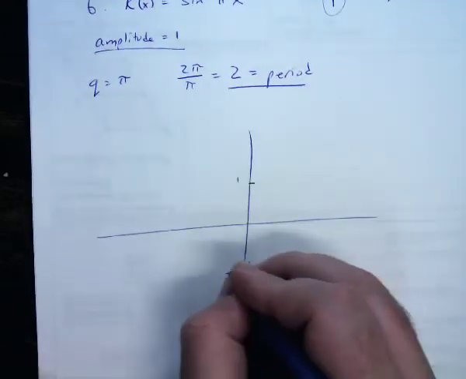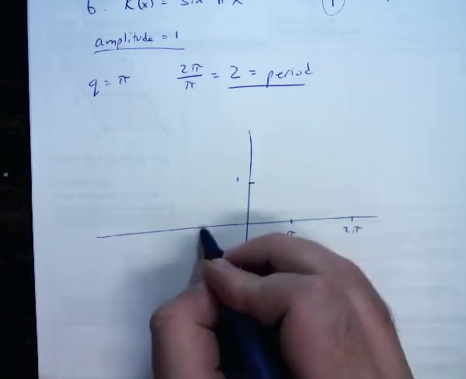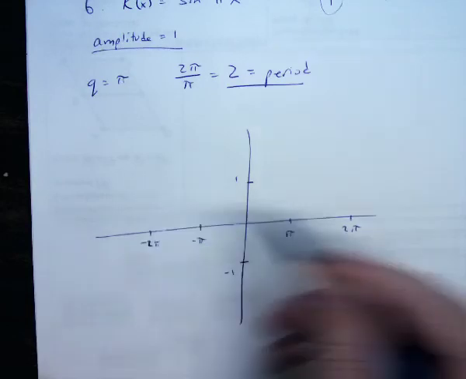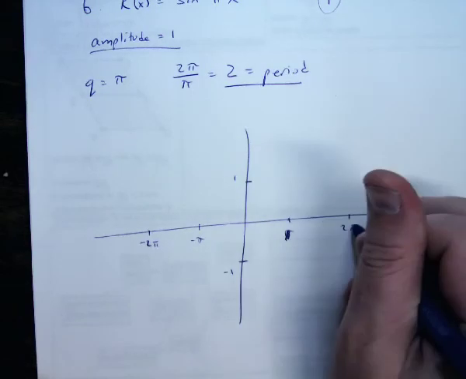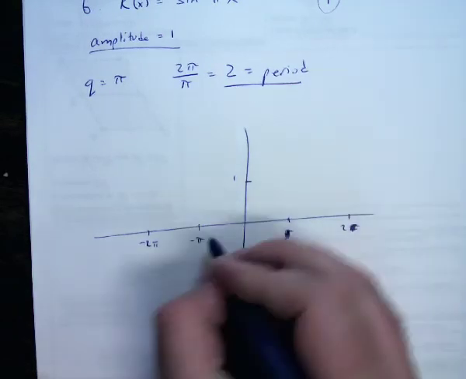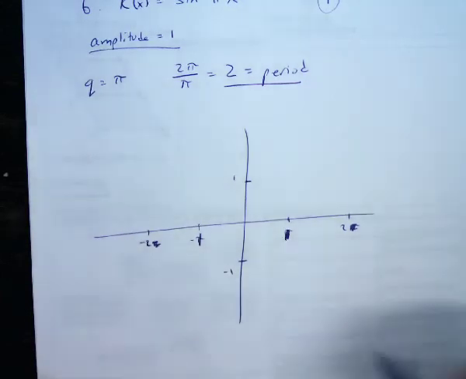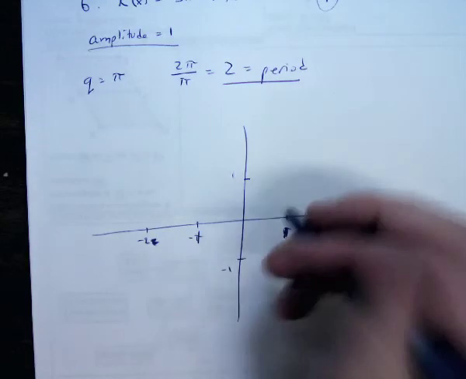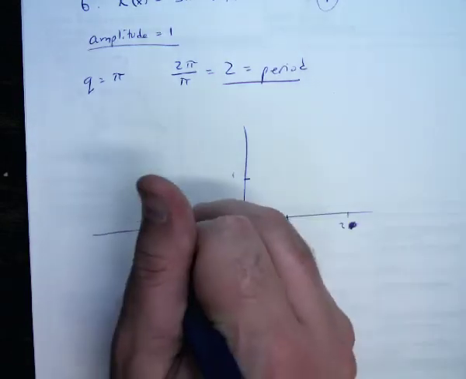I made this really large graph. Pi, 2 pi, negative pi, negative 2 pi. Oh, I'm not doing pi. We're going to make this 1. We're going to make this 2. Make this negative 1. Make this negative 2. Okay. So, wow, I'm slipping on this last part. Alright.